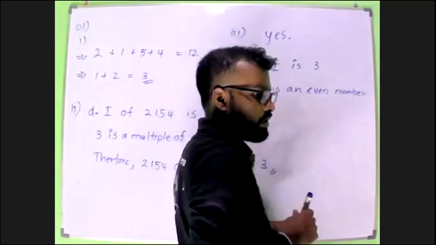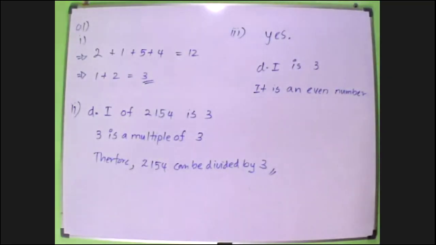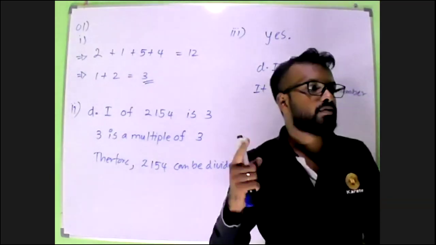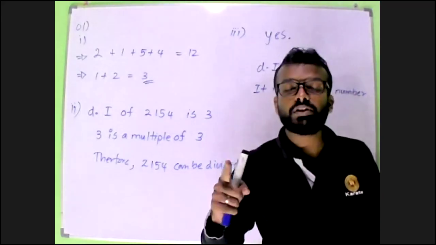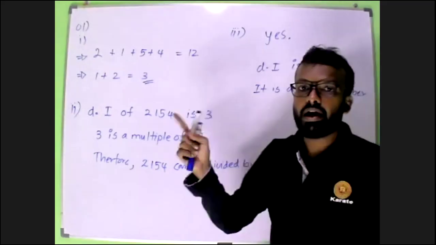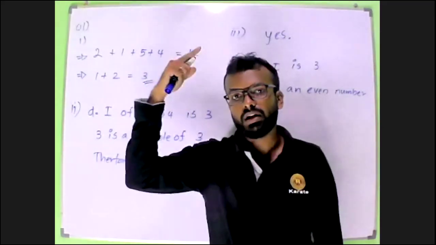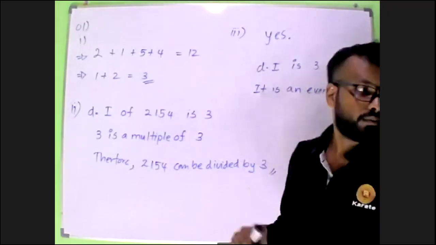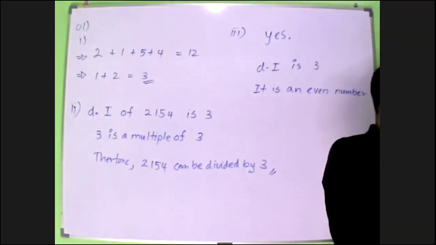So because we can divide 6 by 3. It is asking, is 2154 divisible by 6? Yes, because the digital index is 3 and 6 is a multiple of 3, and also it is an even number.